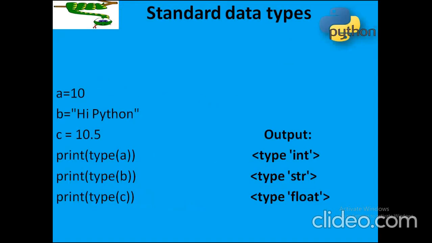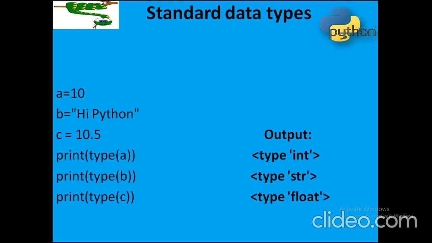For example, here we have variables a equal to 10, b equal to some string we have given, c equal to a float value. And here there is one function, the type function.